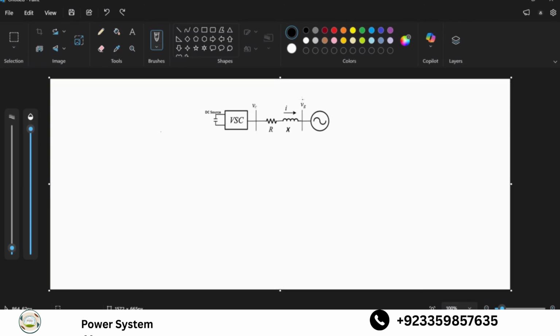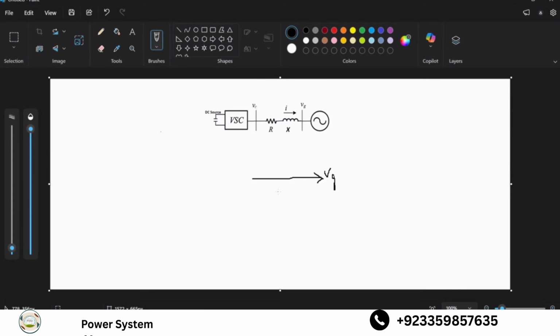For example, let's assume that my VG has some magnitude, and its phase is 0. Let's remove this VG, let's put it here.